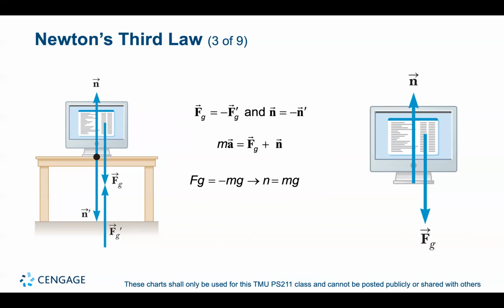So the forces N and N prime both have the same magnitude as Fg. Note that the forces acting on the monitor are Fg and N, as shown in the figure at the right. The two reaction forces, Fg prime and N prime, are exerted by the monitor on objects other than the monitor. Remember that the two forces in an action-reaction pair always act on two different objects. Because the monitor is not accelerating in any direction, Newton's second law gives us the relationship shown.